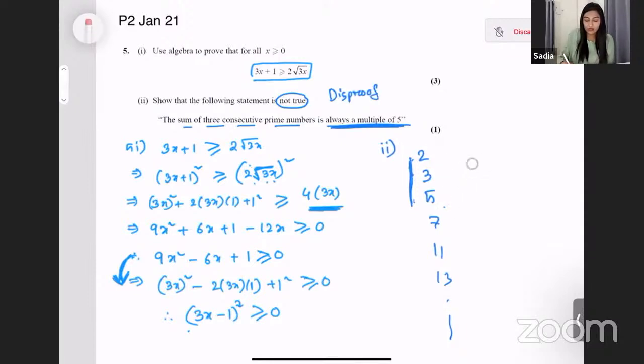Okay, next, if I start from 3: 3 plus 5 plus 7, that's actually 15. That's also a multiple of 3. So we cannot take this one. Next, if I use 5 plus 7 plus 11.